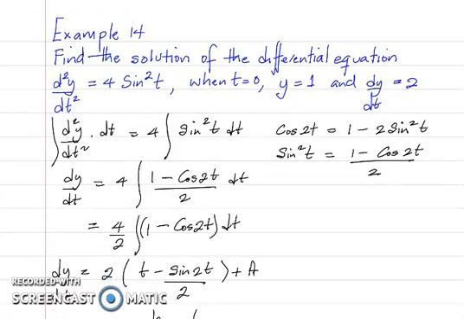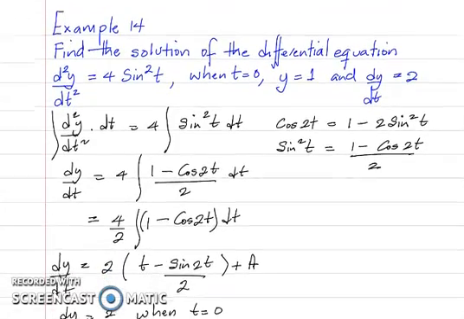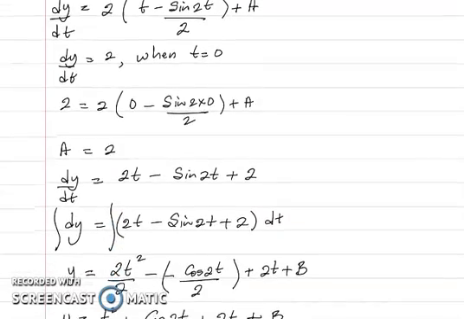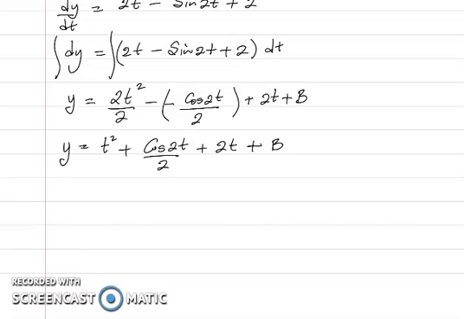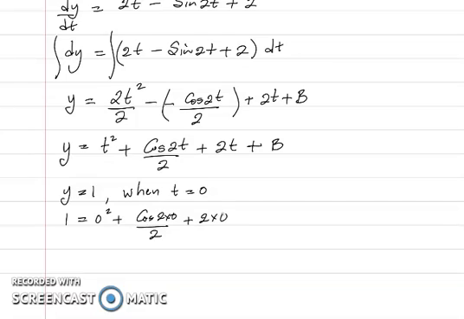All right, and we can go back up to check our boundary condition. y is equal to 1 when t is 0, so we can use that. So we have 1 is equal to 0 squared plus the cosine of 2 times 0 over 2 plus 2 times 0 plus b.